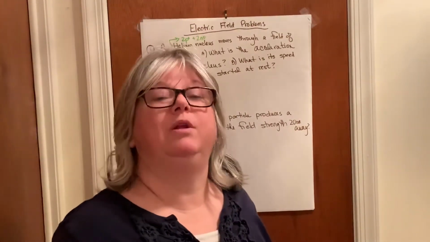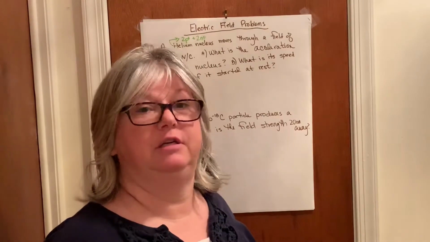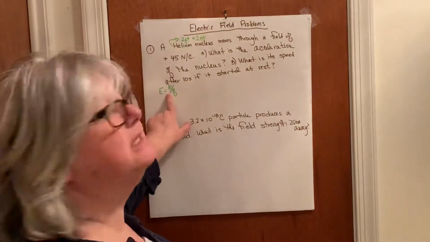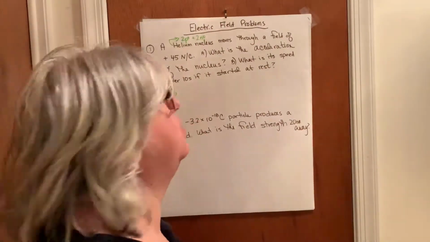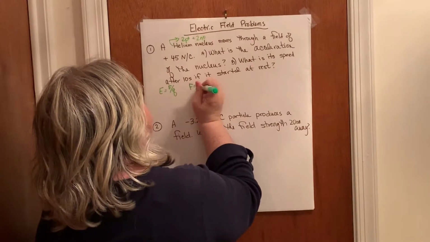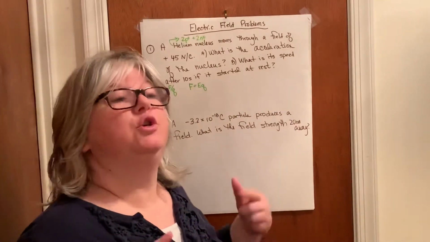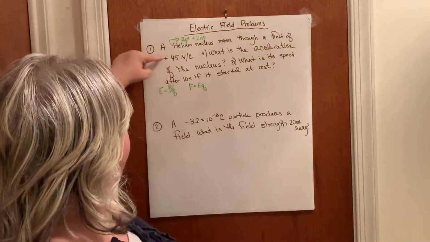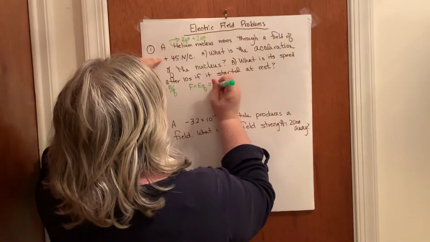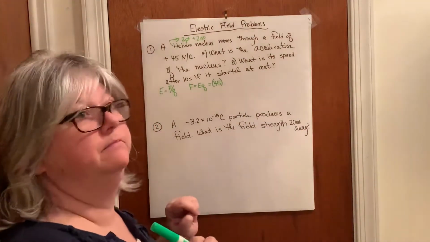We want the acceleration. In order to get the acceleration, we need to know the force. So I'm going to solve for F in this equation. F equals E times Q. E is given: 45 newtons per coulomb.